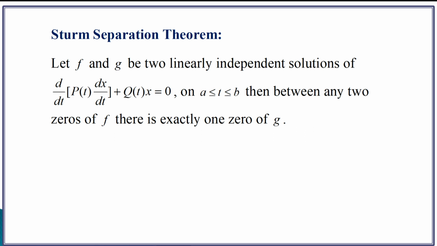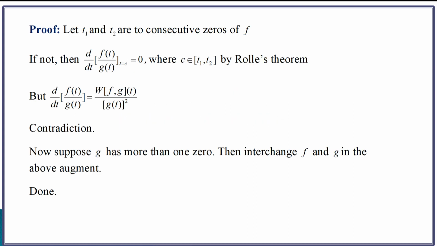There is no speciality about f and g; you are just giving them a name. So the converse is also true. That means between any two consecutive zeros of g, there is exactly one zero of f. Let's see how we can prove this theorem in the next slide.